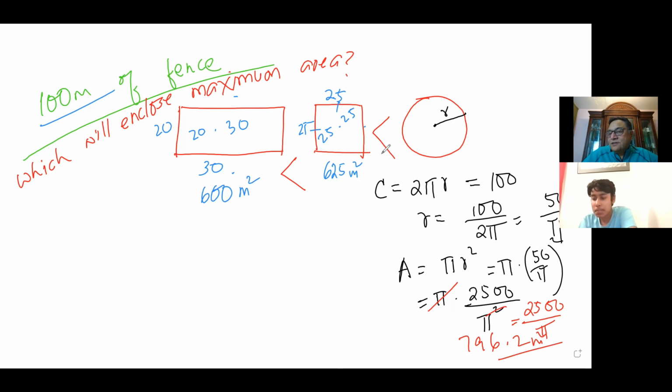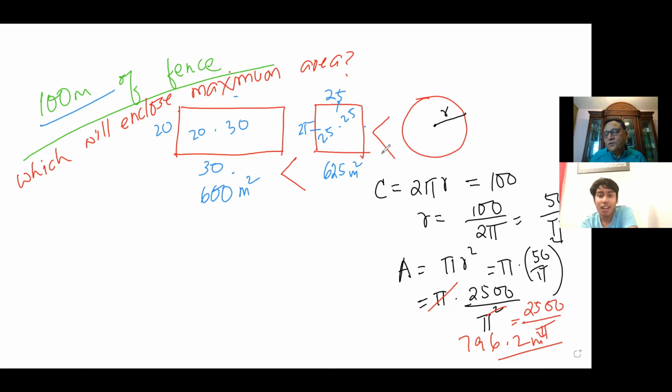That gives you an idea that if you are using this material, see the periphery is actually the material all around, correct? Fencing. Area is important for you because if more area, you can grow more, animals can live. If it is a fence for the animals, they get more area to graze, for example, correct? Yes, sir. If there's a playground, children can play, more area to play, correct?